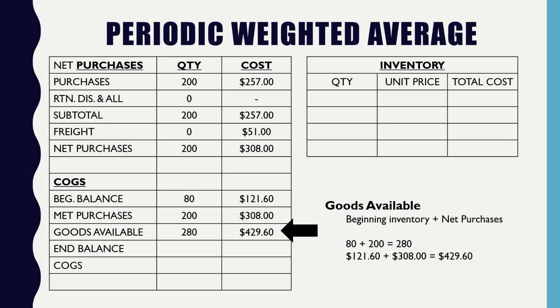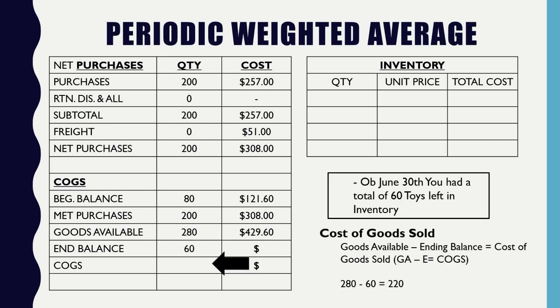These are the numbers that you're going to be using to calculate your new average cost per item. Okay, these are the numbers that you're going to get from your goods available because we're combining all of the batches together instead of just separating my purchases and then my beginning. They're all combined together. So in this case, that's where you're going to go ahead and go into your table here and figure out what that average cost is.